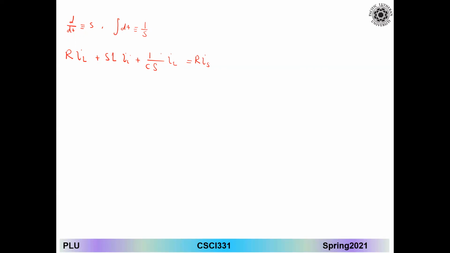So now just plug the numbers into the equations here, and see what we end up with. I will take the IL out from my equation as a common factor.